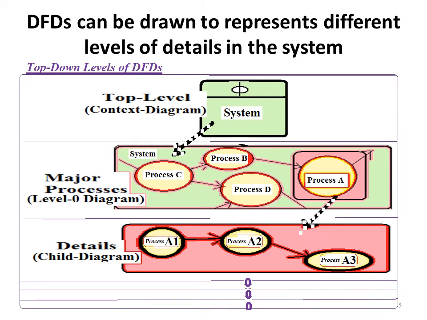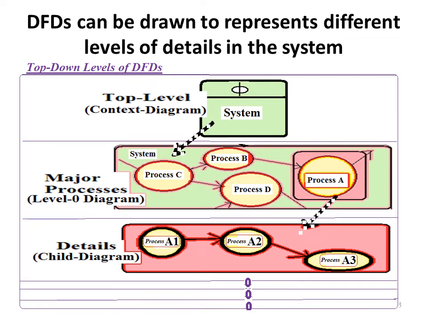There are many levels. The first level is called the context diagram, or level 0, which shows your system and how the external entities interact with your system. This is called the top level, or context diagram. Level 0 shows the major processes, the major functional requirements of the system. Right?